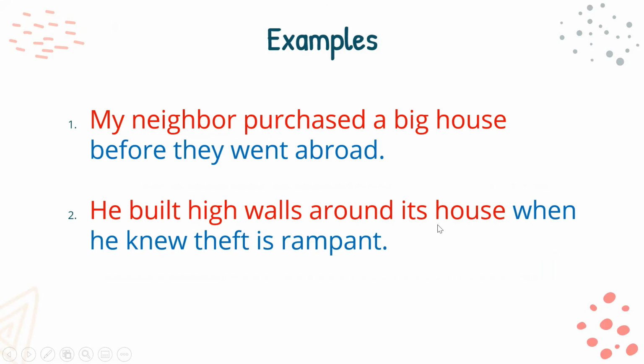The rest of the group of words, he built high walls around its house, is an independent clause. Remember, an independent clause can stand alone. It can go solo. While the dependent clause, before they went abroad, and when he knew theft is rampant, is incomplete, it leaves you hanging. That is what we call a dependent clause. It needs the help of another clause, and that is the independent clause.